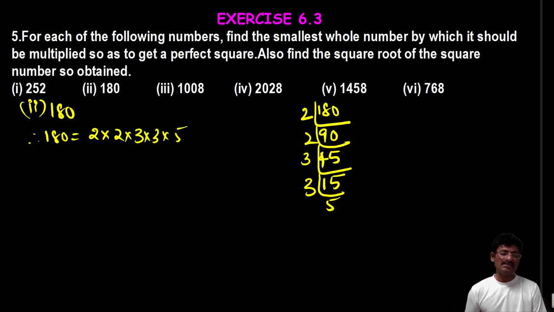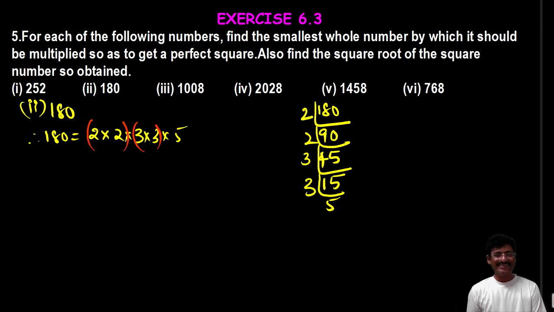Now try to make pairs. This is one pair and this is one pair. Then we have no pair for 5, so 180 is not a perfect square. Why? Because 5 has no pair. So let us make it.